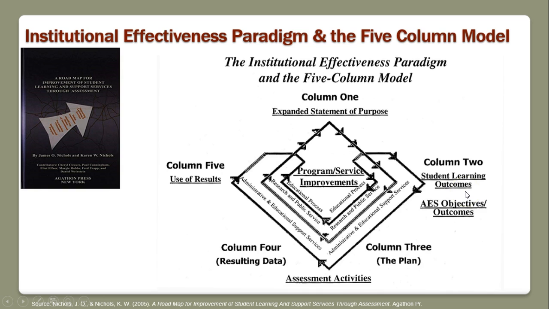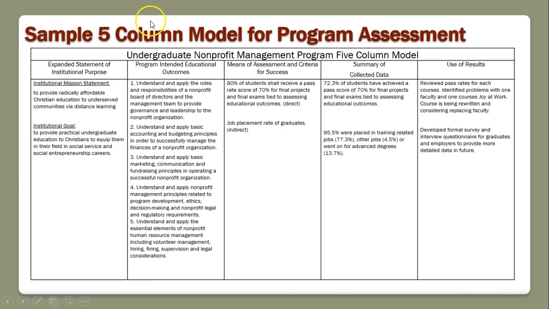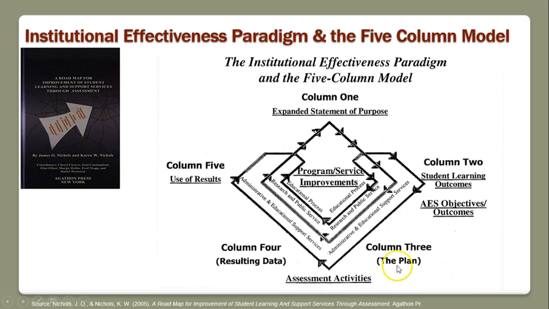Column 2 is going to be the student learning outcomes, which for a program is going to be the program learning outcomes. If it was general education, you might have the general education learning outcomes. So generally, you're going to paste in the program learning outcomes, and then column 3 is, what's the plan?